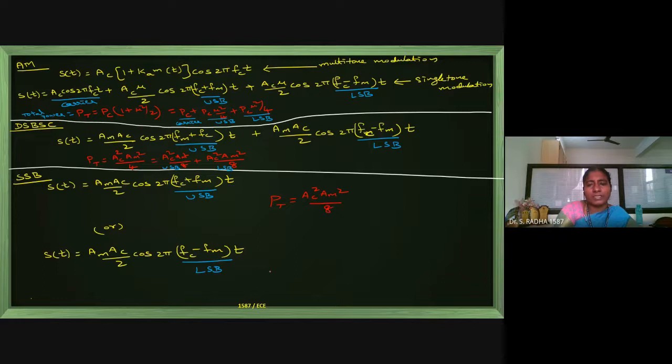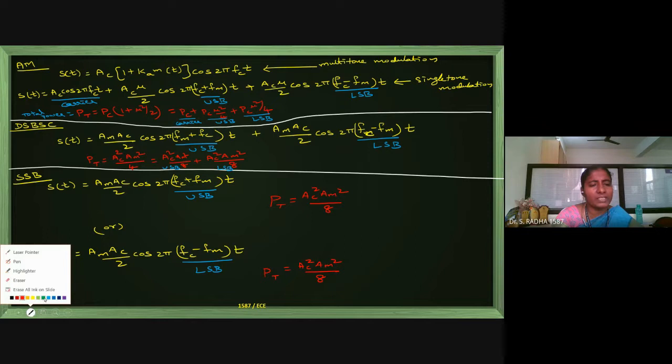Whether it is upper sideband or lower sideband, total power in SSB is Ac square Am square by 8. Okay. So these power equations are important in this complete discussion. You need not remember the single tone, multi-tone, the entire modulated s of t equations, but the power equations are important.